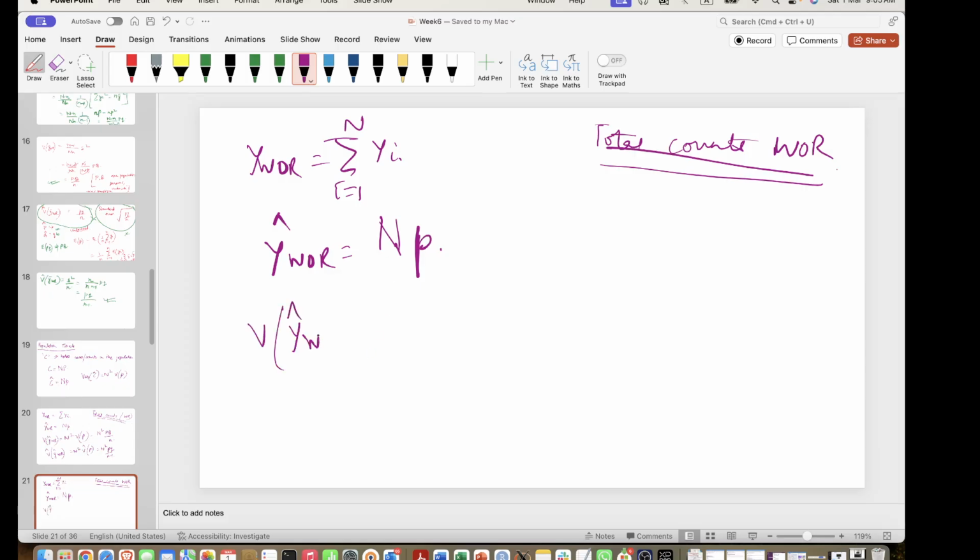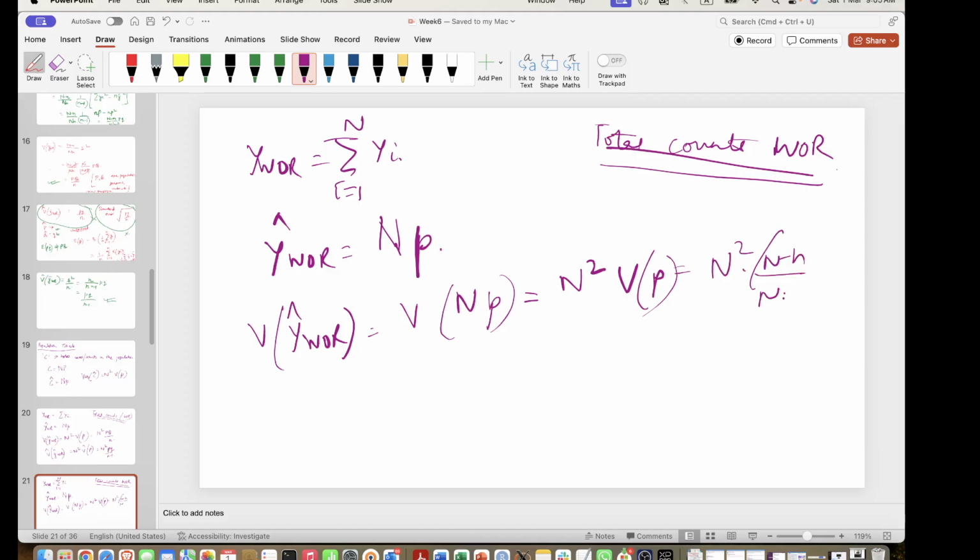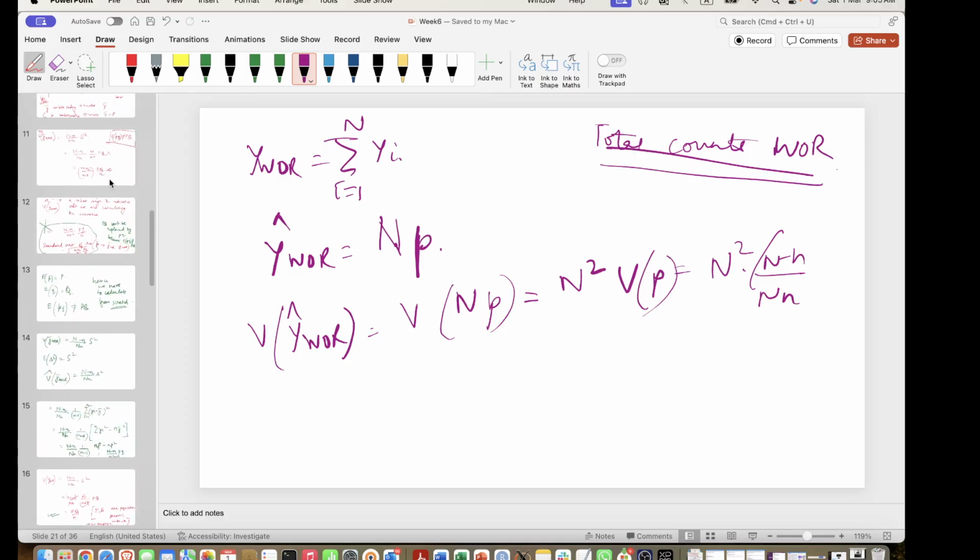Variance of Y hat WOR is equal to N square variance of small p, which is N square into N minus n by N minus 1 PQ by small n.